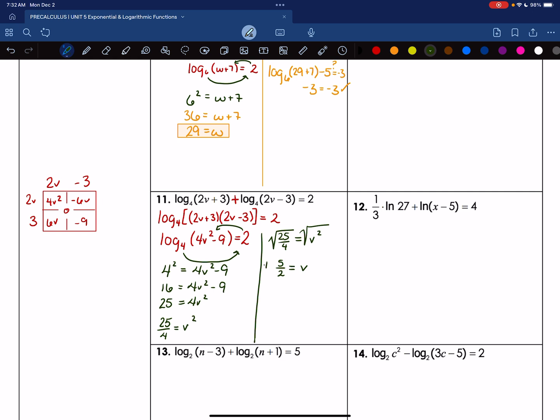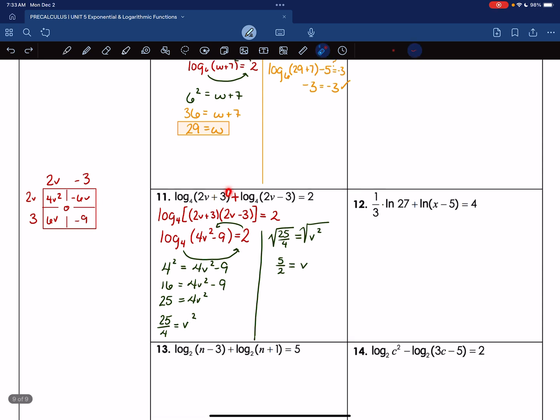Technically, it would be both plus or minus, but when you plug that negative 5 over 2 into the original, I'm giving you kind of like the cliff notes here because we are on a timed video. If you plug the negative into the original in your checking, you would get an error statement, because you're working with a negative argument.